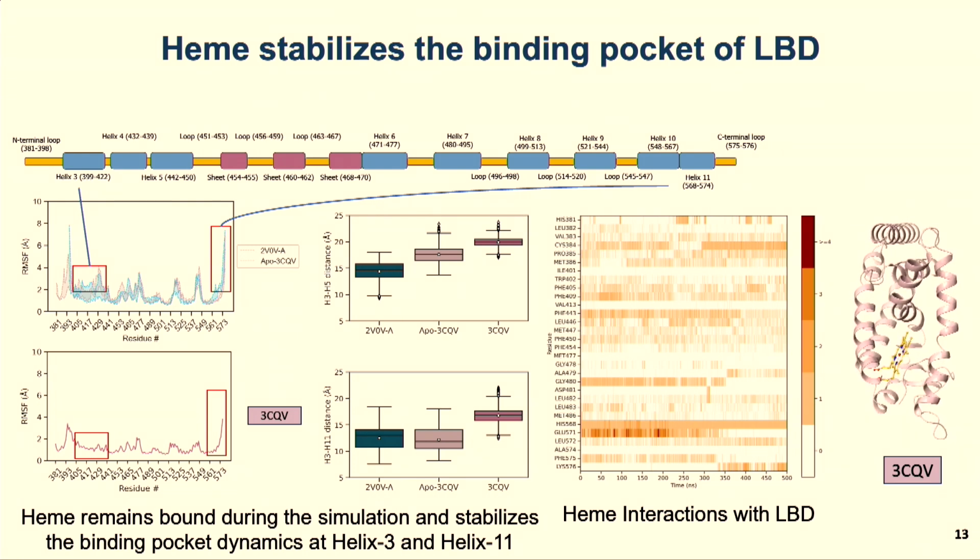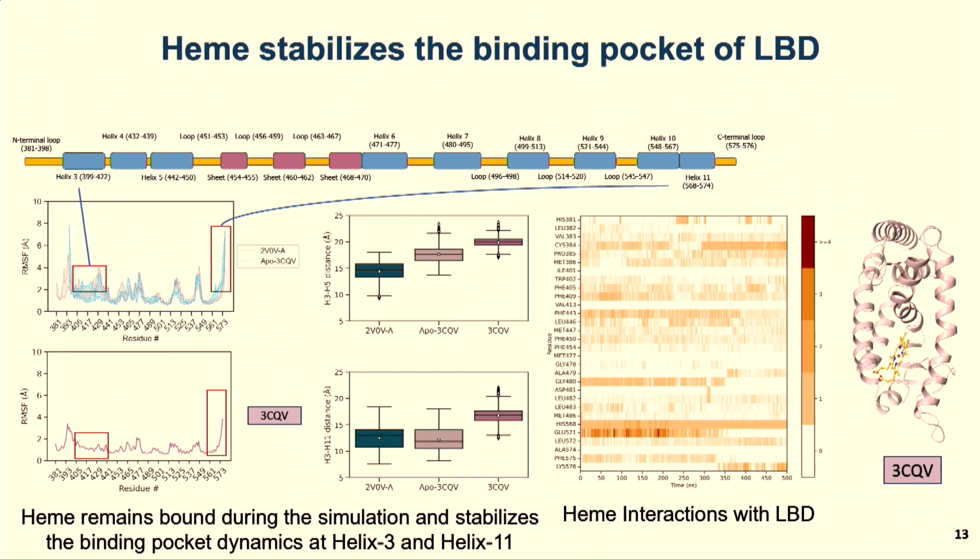In the absence of the ligand, the pocket actually closes. We ran this simulation for a very long time in the hopes of seeing that perhaps this helix will come out and there will be a conformational change which we would be able to observe. However, we do not see that. So it seems like heme induces this kind of conformation in the binding pocket.